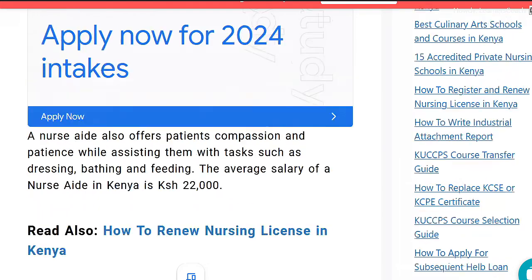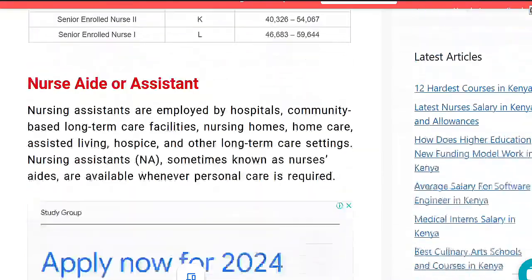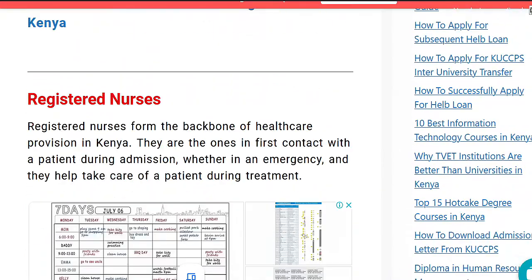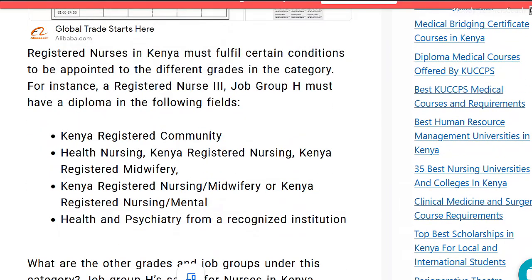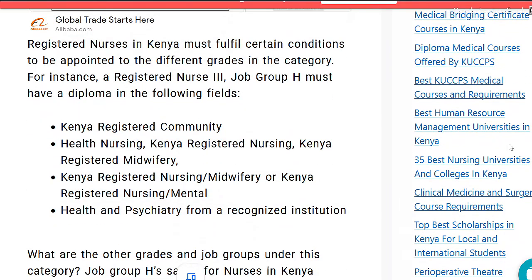Then we have registered nurses, not enrolled this time. They form the backbone of healthcare in Kenya. They are the first contact with the patient during admission. Wherever you visit a healthcare center, those nurses who normally ask you for your temperature and everything are the registered nurses. They must fulfill certain conditions.